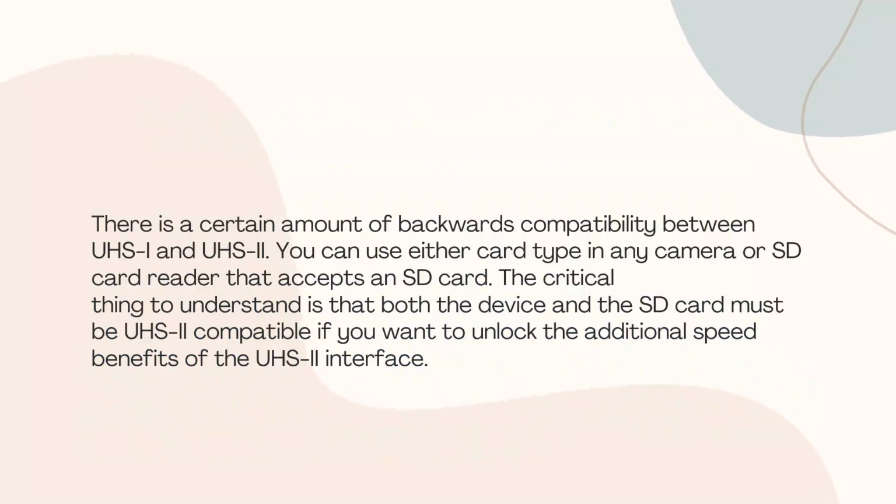There is a certain amount of backward compatibility between the UHS1 and UHS2. You can use either card type in any camera or SD card reader that accepts an SD card. The critical thing to understand is that both the devices and the SD card must be UHS2 compatible if you want to unlock the additional speed benefits of the UHS2 interface.